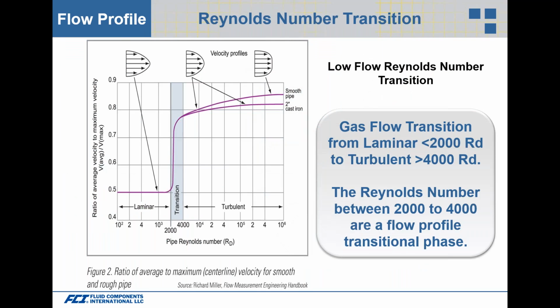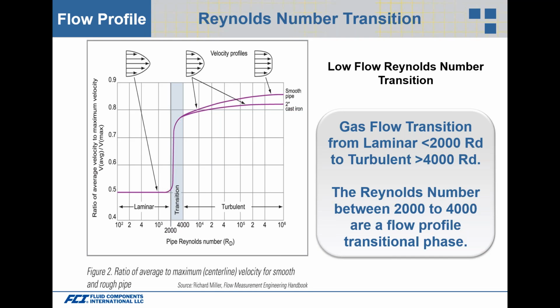I think everyone understands the flow profiles that we talked about, but let's spend a moment on Reynolds number transition. If you look at the low flow, and the low flow has a Reynolds number 2000 or less, that maximum velocity at the center line of the pipe is very great. We call that a laminar flow.